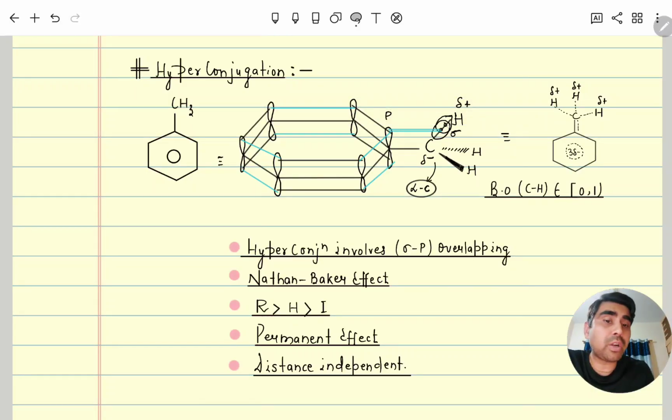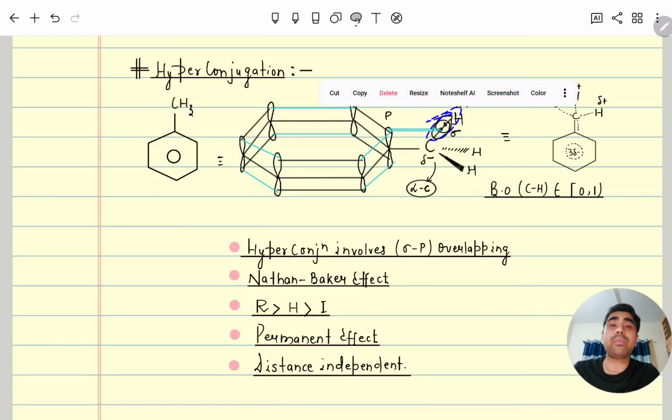So some electron density will move from the sigma bond into the pure p orbital. In resonance, a pi electron or delocalized lone pair was moving in the conjugated system. But here the sigma electron is relatively stronger, so its delocalization or polarization is not that effective, but at least somewhat electrons are moving.